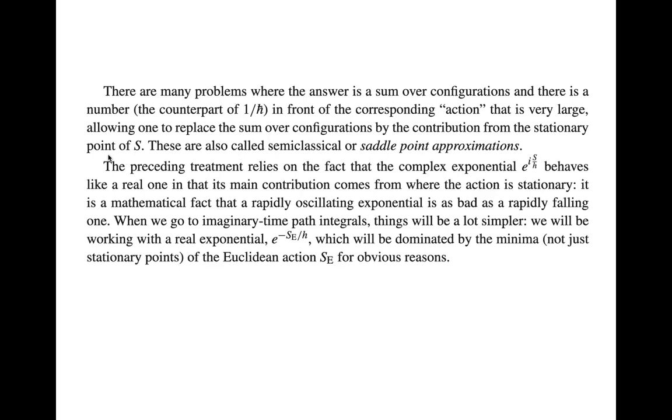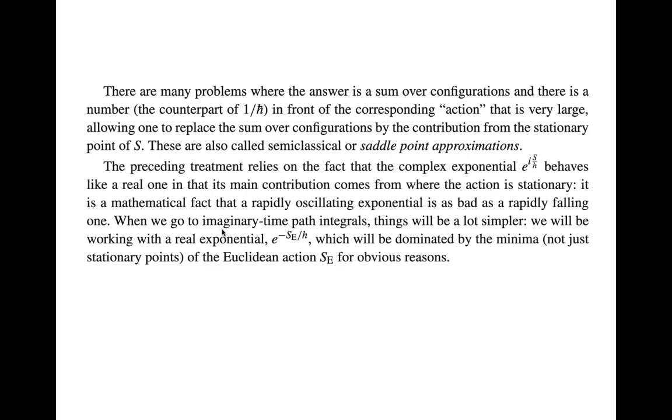So the preceding treatment relies on the fact that the complex exponential behaves like a real one in that its main contribution comes from where the action is stationary. It is a mathematical fact that a rapidly oscillating exponential is as bad as a rapidly falling one, right?